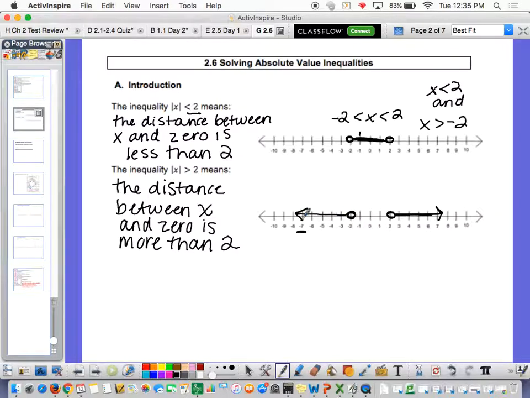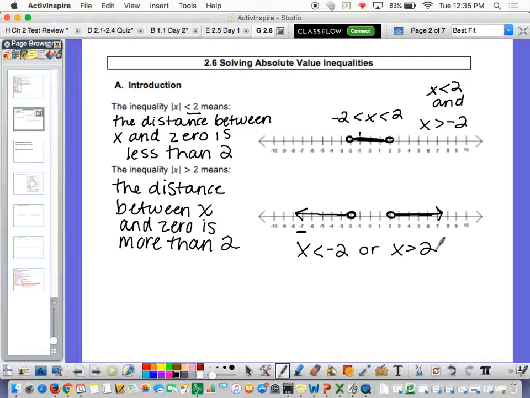And that's another compound inequality, right? That was an or statement. So this was when we said, okay, well, x has to be less than negative 2 or x was greater than 2. Okay, so basically, an absolute value inequality is going to create a compound inequality. And that's kind of what we've already talked about.